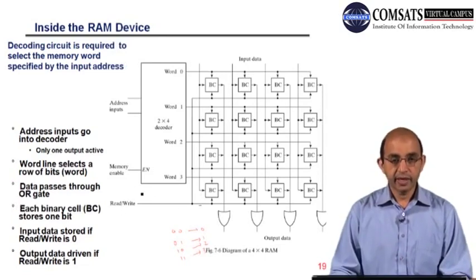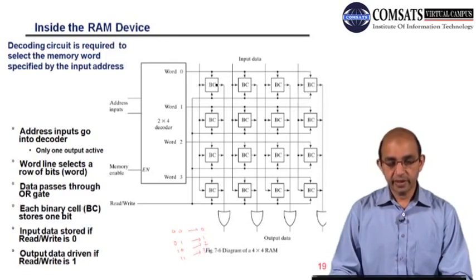We have to activate one operation at a time, because we cannot read and write at the same time. And these are the outputs, so data will be gathered here. Address inputs go into the decoder, and the word line selects a row of bits. You can see we have rows and columns.